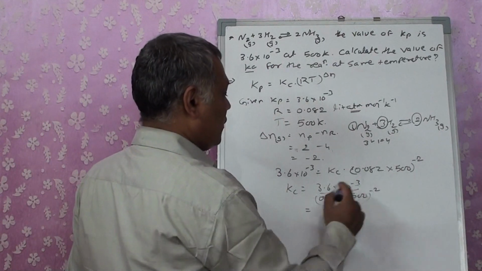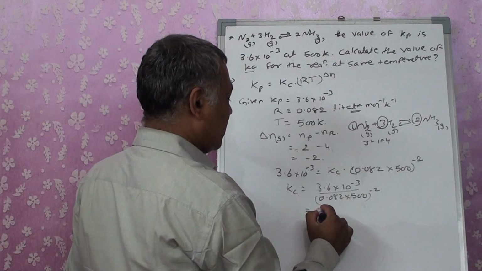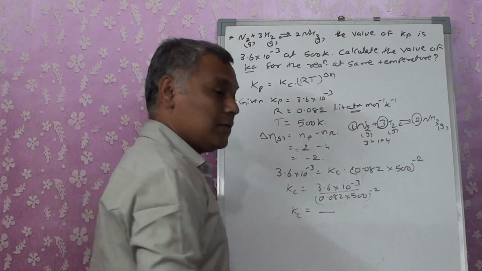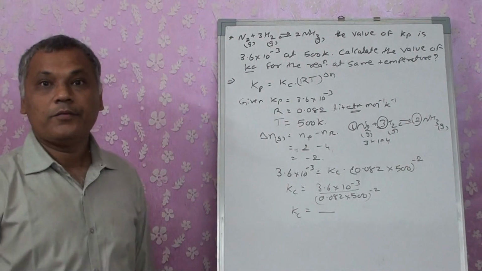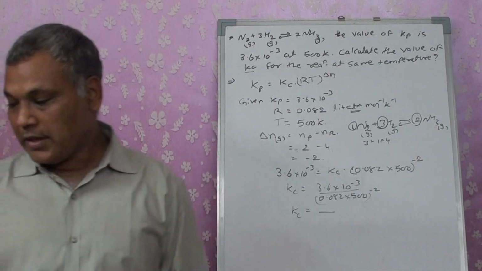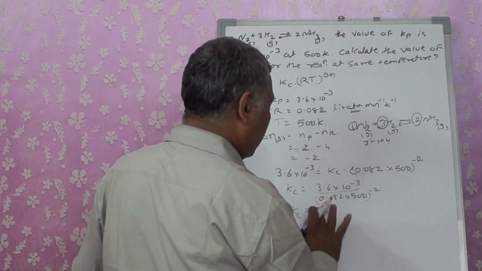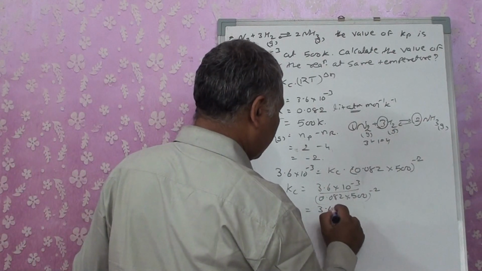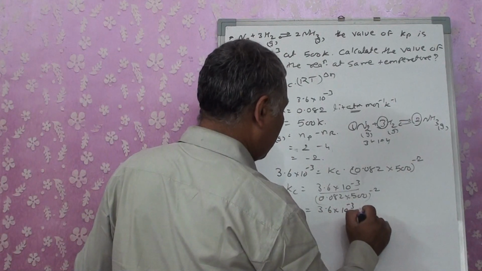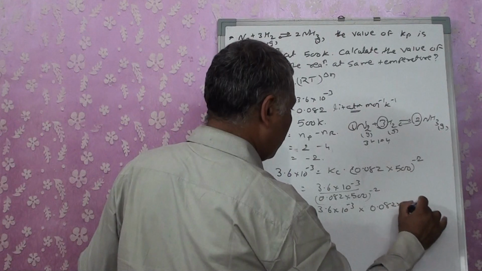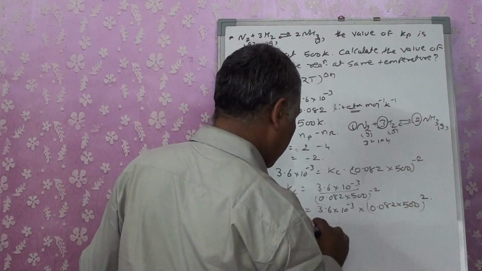So in short, can I say that whatever answer we get is the value of Kc, right? You can say that you will be getting it as 3.6 into 10 raised to minus 3 into (0.082 into 500) whole square.